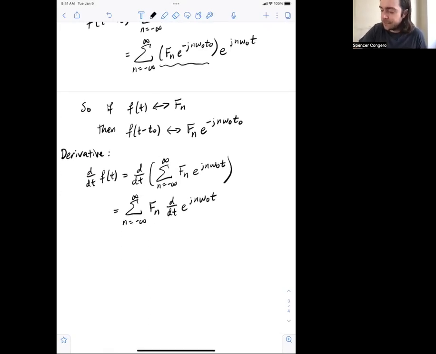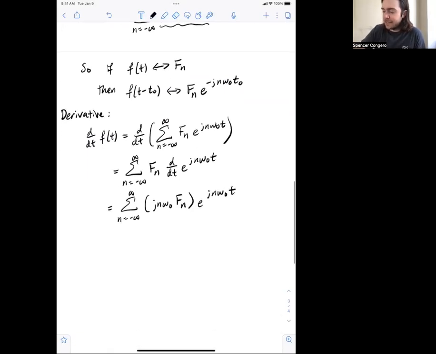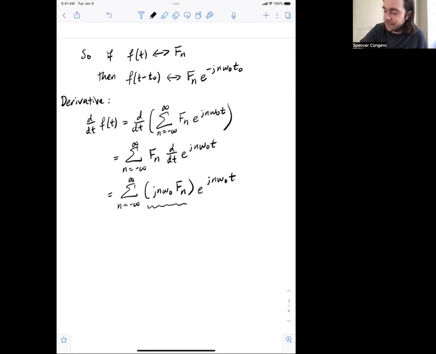Now we just differentiate that. What do we get? We're just going to get that same function, but multiplied by j n omega naught. So I'll group it nicely here. So we're going to have j n omega naught after we take that derivative, and then e to the j n omega naught t. And so yet again, here are the Fourier series coefficients of the derivative of f of t. You can see we're following a similar procedure here for all these properties.